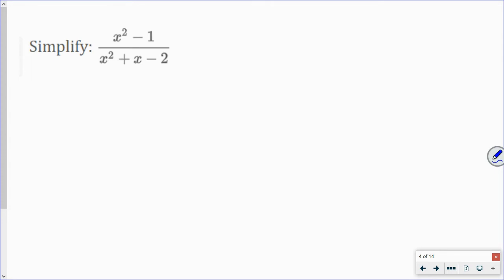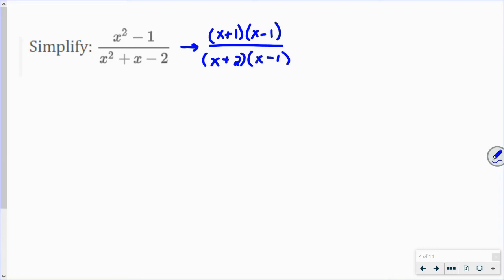The only time I can cancel is if they are factors, meaning it's multiplication. So we're going to factor the top. That's a difference of squares, so we have x plus 1, x minus 1, over factors of 2 that subtract to 1. That'd be 2 and 1. Signs are different. The bigger one is positive.